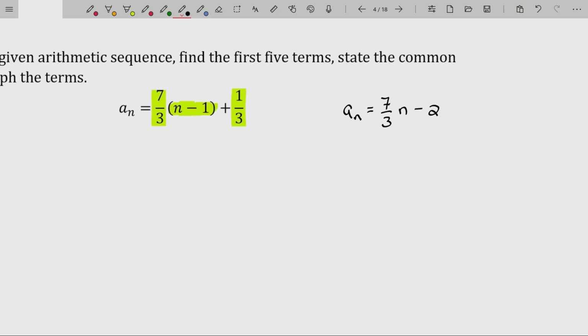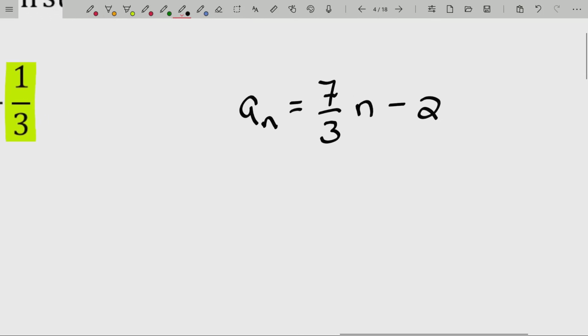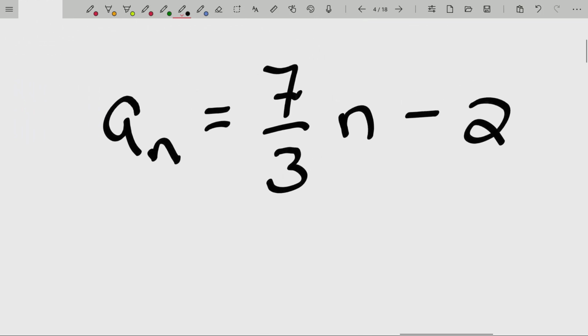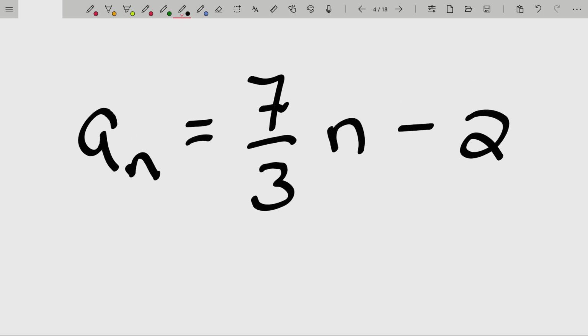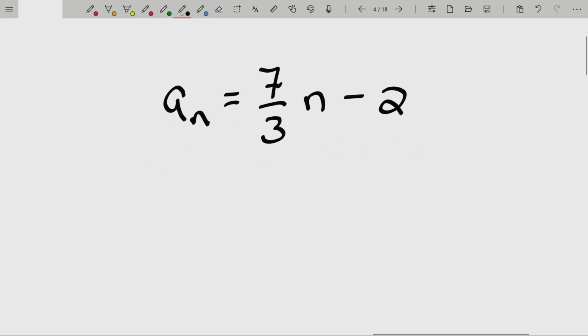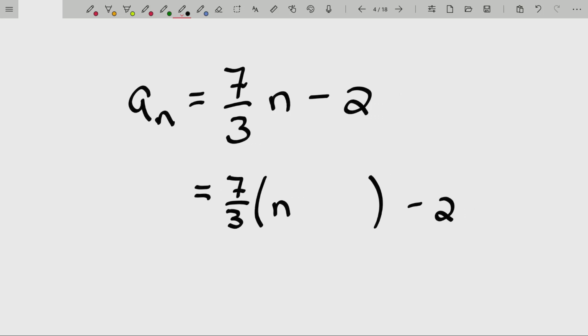Now in this case right here, it could be that you're handed something like this. This is still an arithmetic sequence, because you could see it looks like a linear function. So don't be fooled if the n minus 1 is not there. You could force it to be there. You could say, well, how do I write this in that arithmetic sequence form that I was told it should be in? Well, one way you can do is you can just say, here's what it is originally written as.